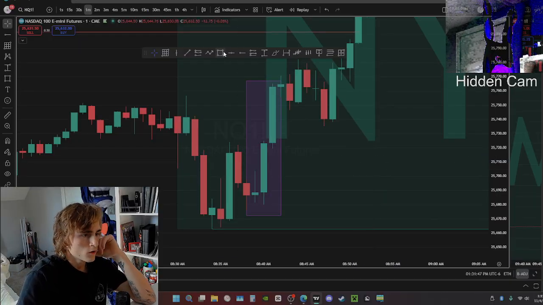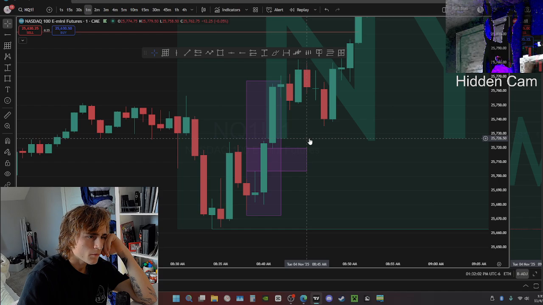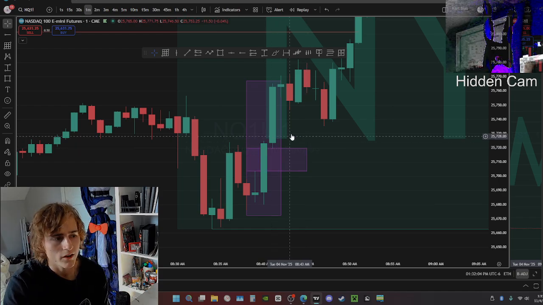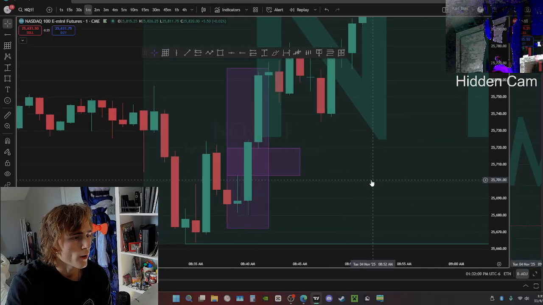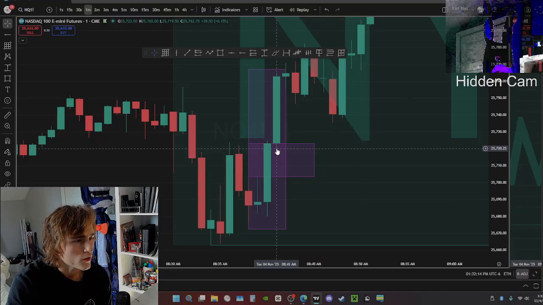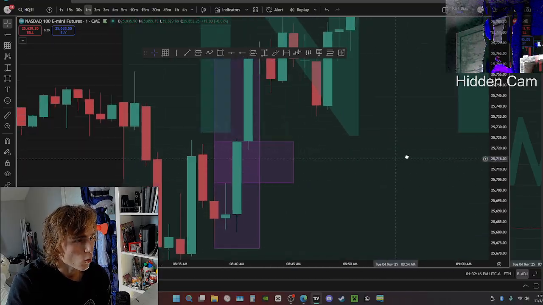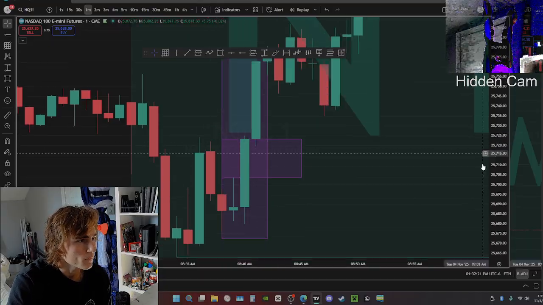So the gap is going to be at the start of the bottom wick, and the gap is going to finish where the next wick is. So, for example, bottom wick, top wick. You shouldn't see this wick inside. Of course, it's not going to be at this wick if there's a wick here.